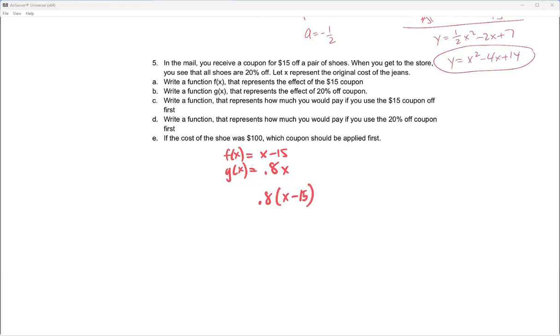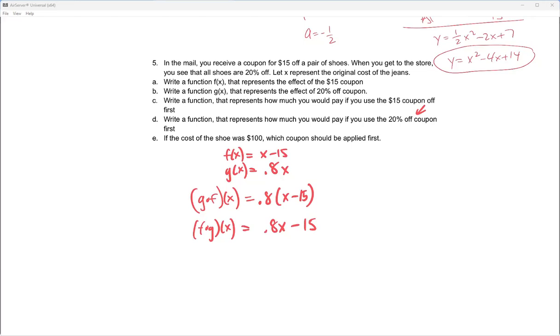So this would be the g of f of x. And then the next one would be the f of g of x, which is 0.8x minus 15. Are we good?